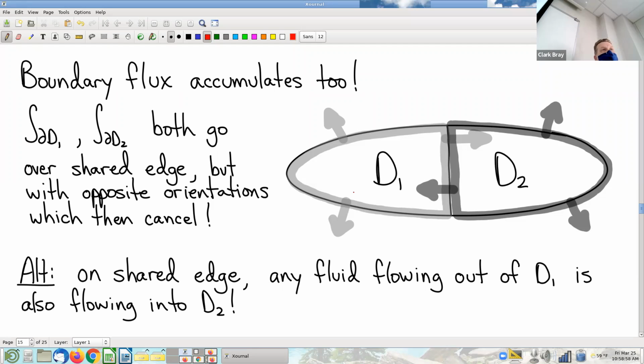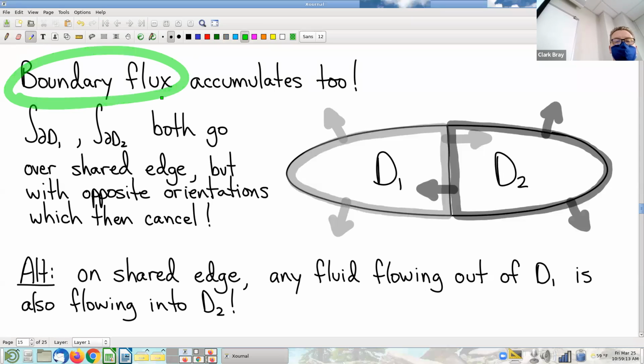Well, boundary flux also is an accumulating quantity, and you can see it entirely from that point of view, independent of Green's theorem. I claim boundary flux accumulates, and here's the picture justifying it.